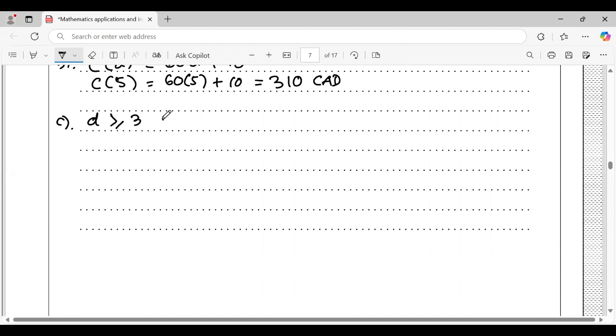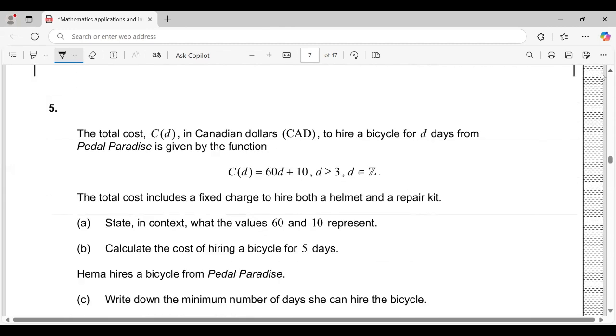So the minimum number of days Hema can hire the bicycle is 3 days.